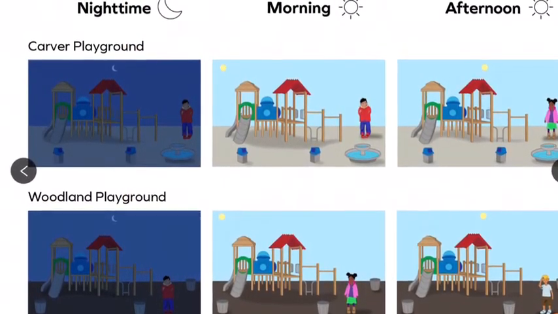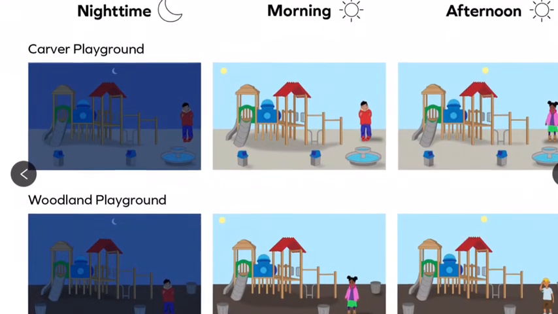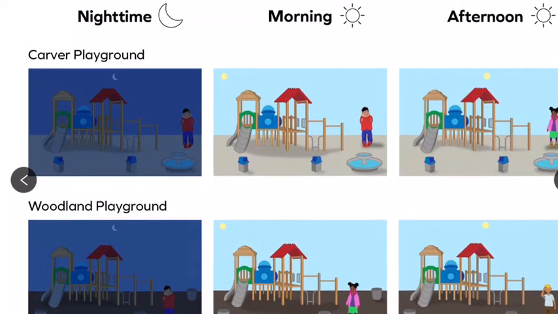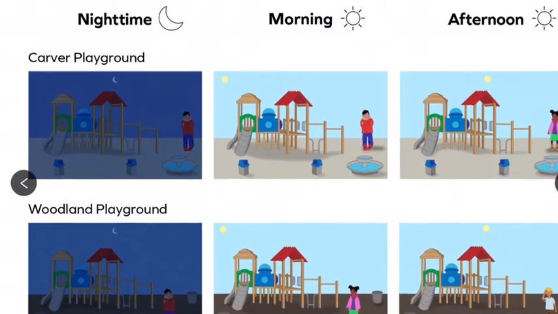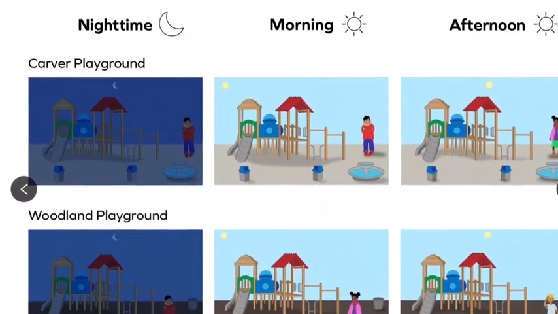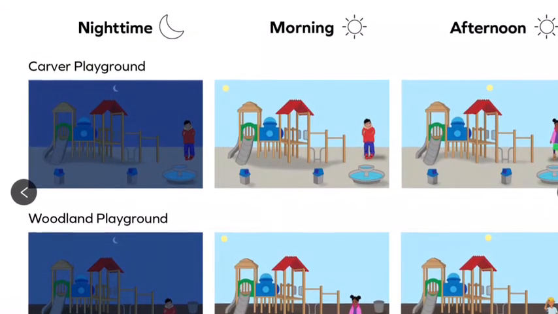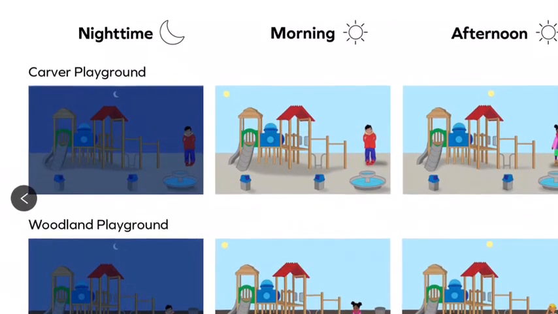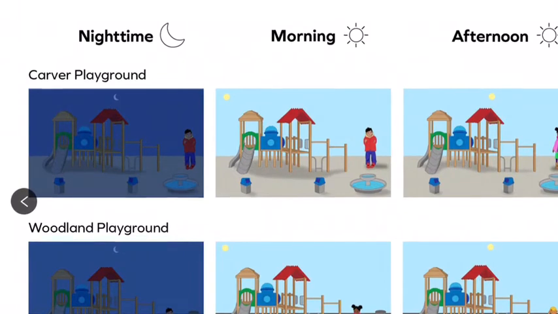Remember the top playground, the 3 pictures are of Carver Elementary's playground. The bottom 3 pictures are of Woodland Elementary's playground. So at nighttime, both playgrounds are cold, but then in the morning, they start to get warm. So what is different at night versus in the morning?